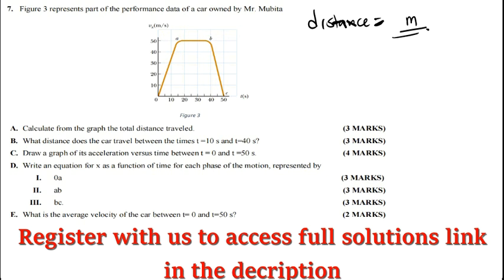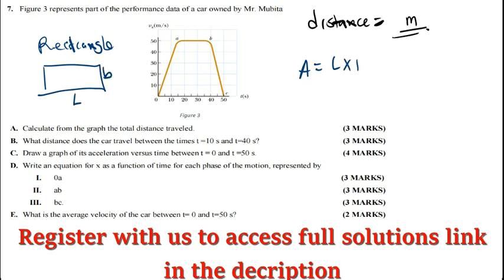If I want to find the area, let me start with the rectangle. If I have got my rectangle, I'm going to assume that this is L, this is B. So it is L times B. But here now, we are assuming that L is meters per second, and breadth is in seconds, which is this line.